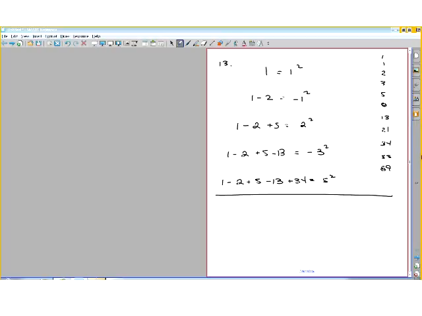So what you can see is this particular side is taking this one, this one, this one, and this one, and then this one. So the next one is going to be 89. So we're going to have 1 minus 2 plus 5 minus 13 plus 34 minus 89.